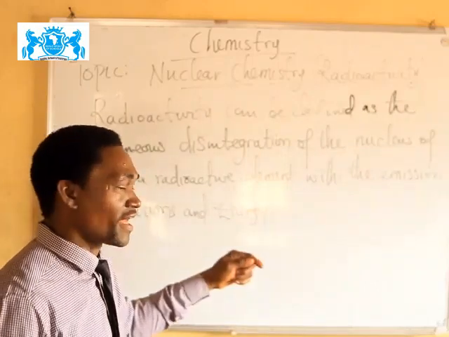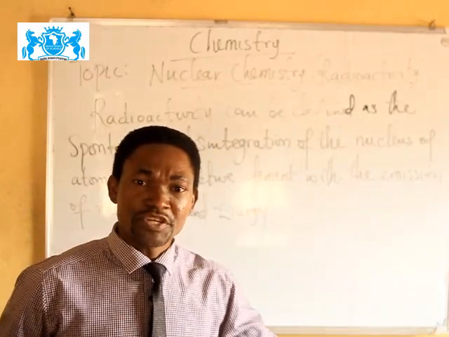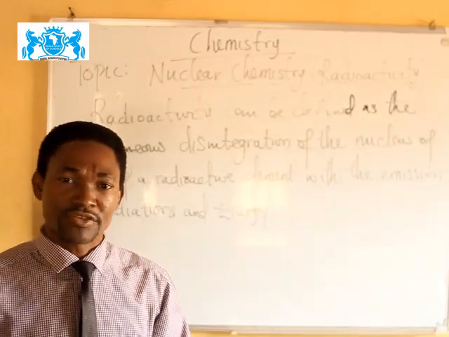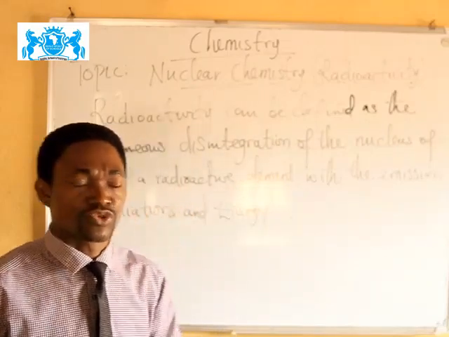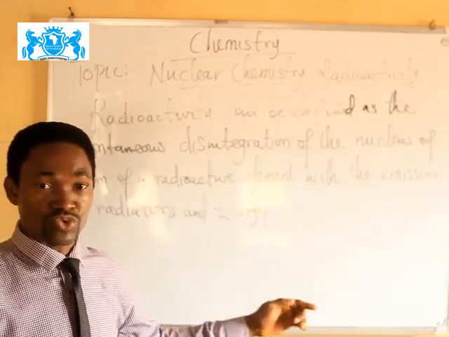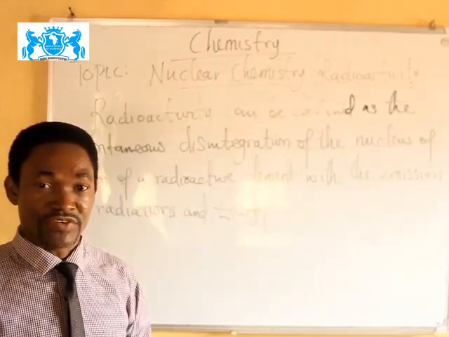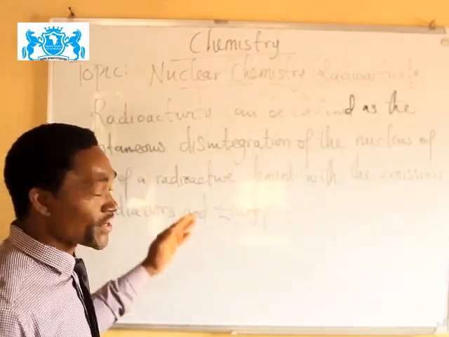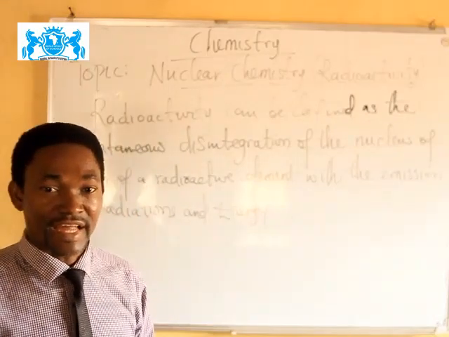So in further investigation, they discovered that the pitchblende does not only contain uranium but contains other radioactive material. So they engaged in research trying to isolate those radioactive elements. And in the course of the research, Pierre was exposed to radiation and he died.